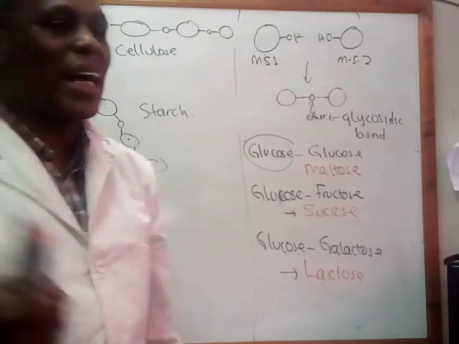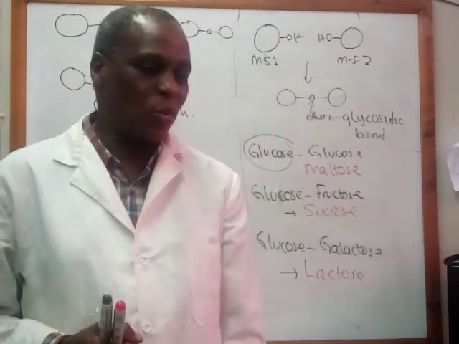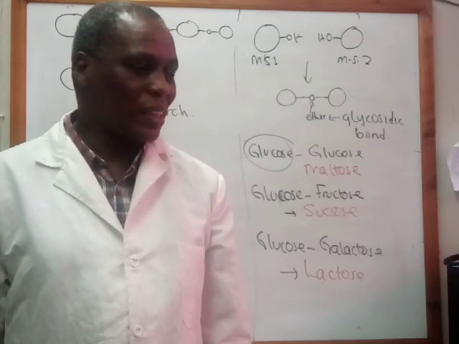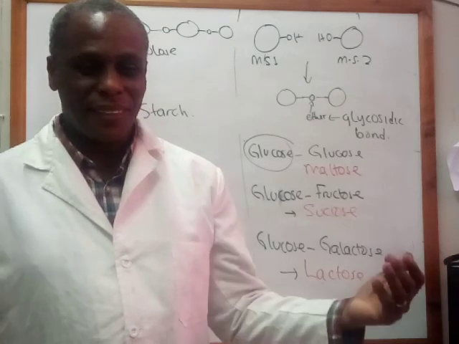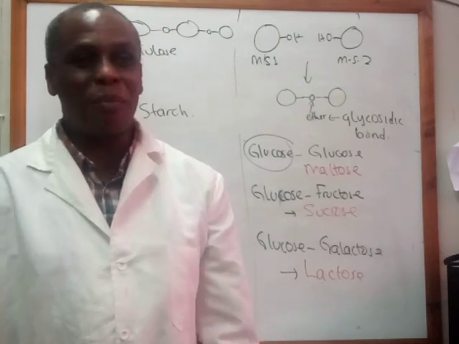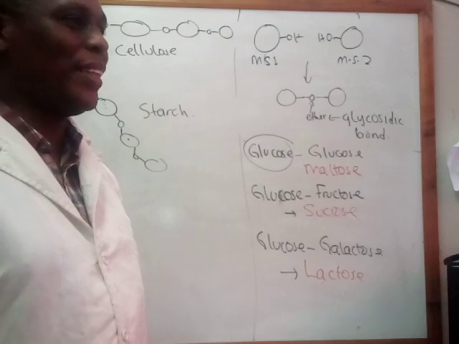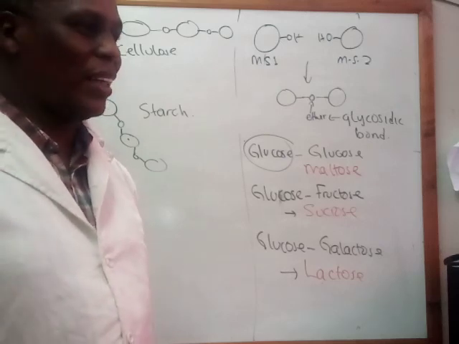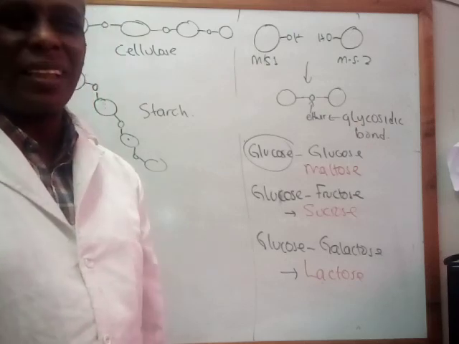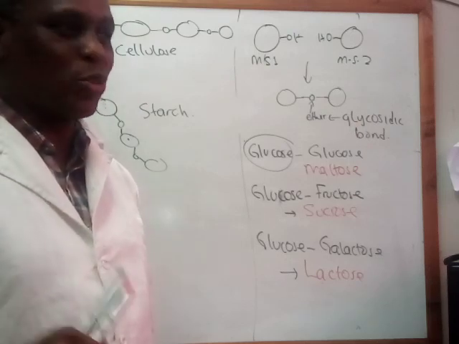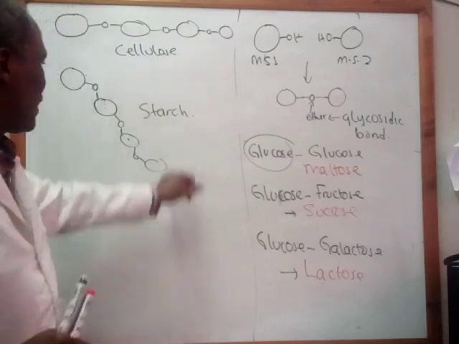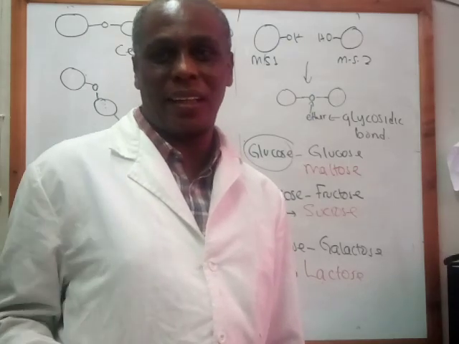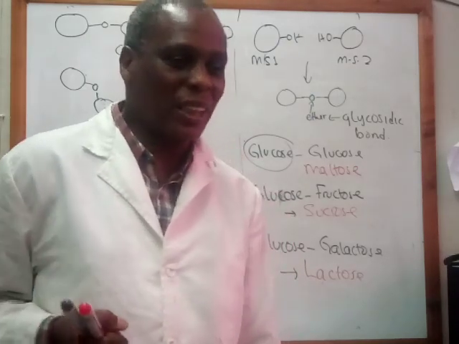So the ones which we have in the body, like human beings and most of the mammals. I'm trying to avoid the cattle, the goats, the camels, the ones which are called ruminants. The others can only digest starch.